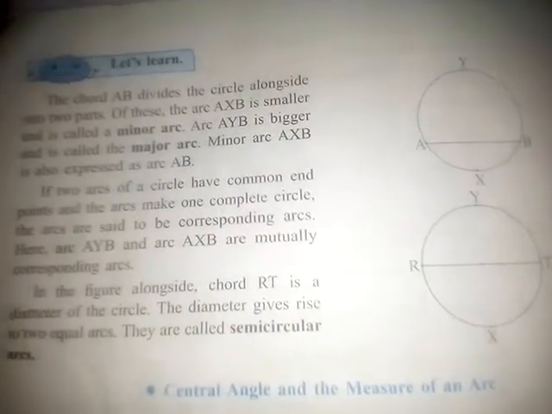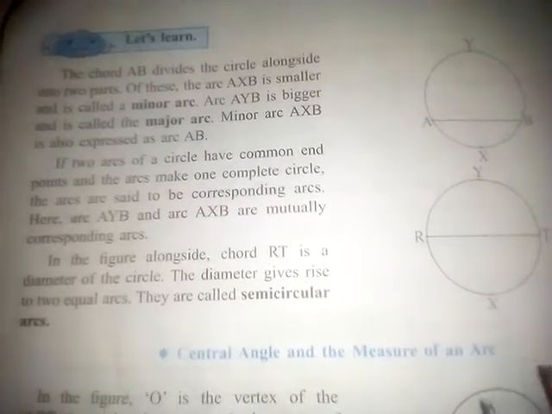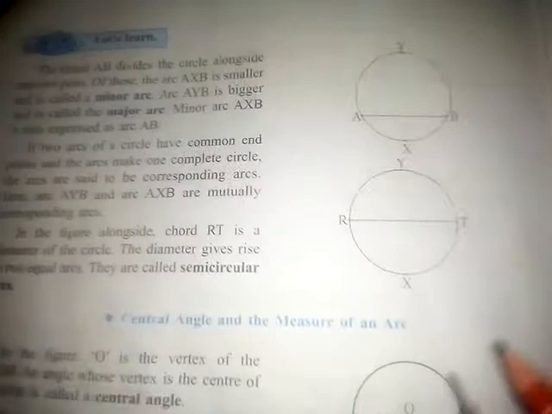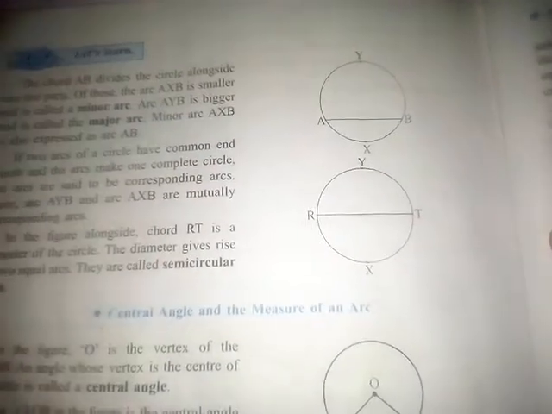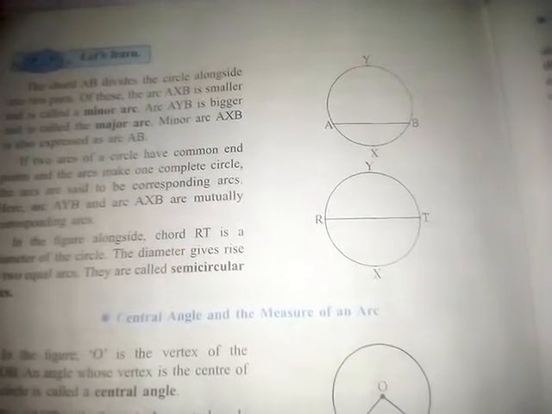Okay, next you have semicircular arcs. Now look here, semicircle. Another circle is drawn here. Now look at this protractor. This protractor is semicircular shape.